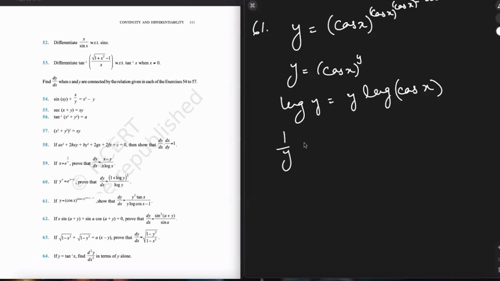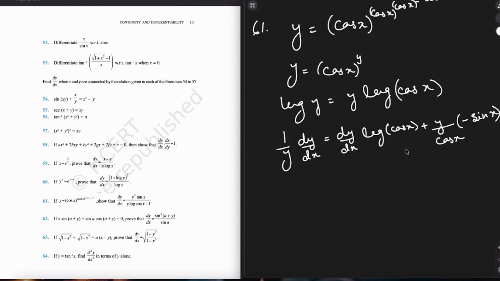Differentiating, dy by dx, chain rule here: (1 upon y) dy by dx is equal to log cos x plus y upon cos x times the differentiation of cos x, which is minus sin x. All right.